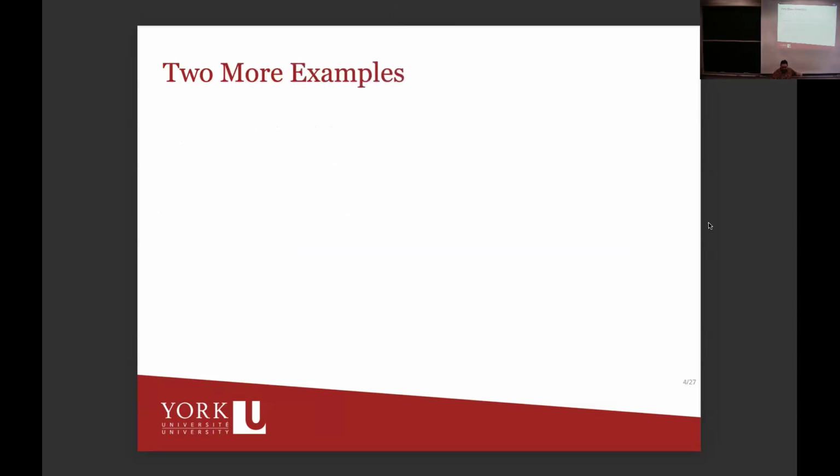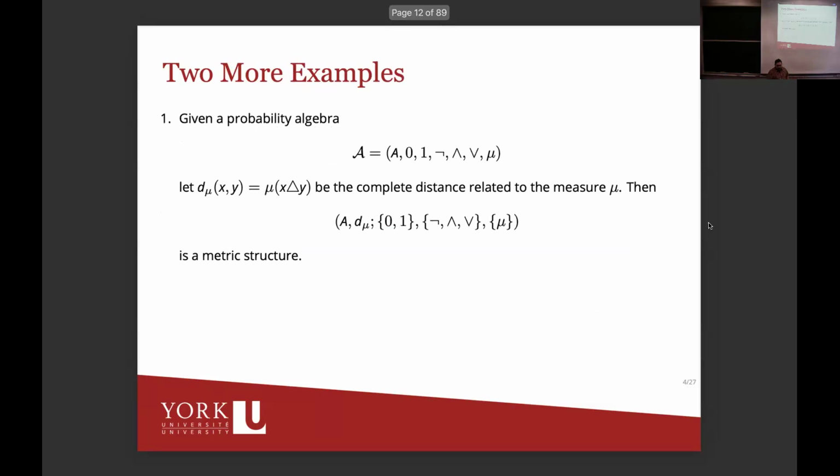More examples. Hopefully this gets us thinking. Take a probability algebra. So I have a space with a measure on it. The measure of the whole space is 1. I have a bottom element, a top element, and an algebra of sets on it. I can create a distance: the distance between two elements of this probability algebra is the measure of their symmetric difference.